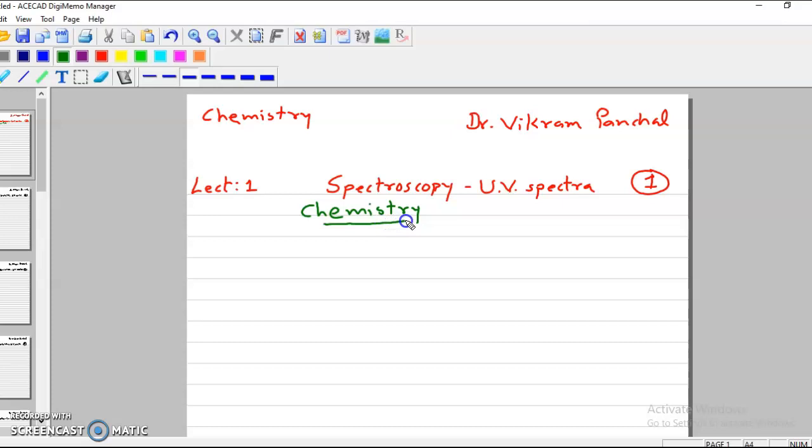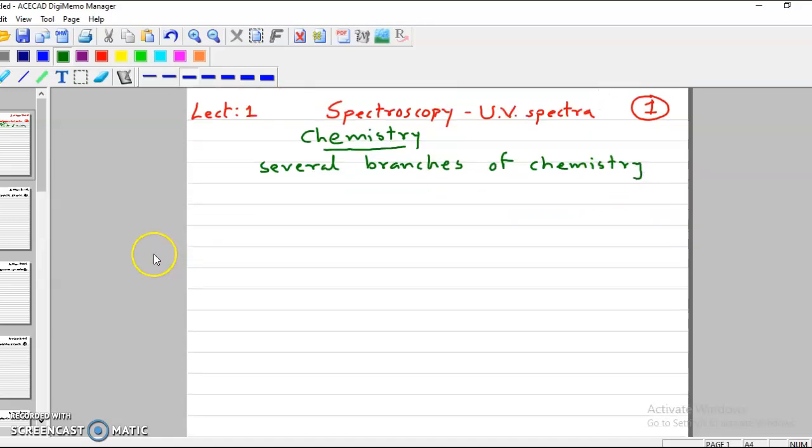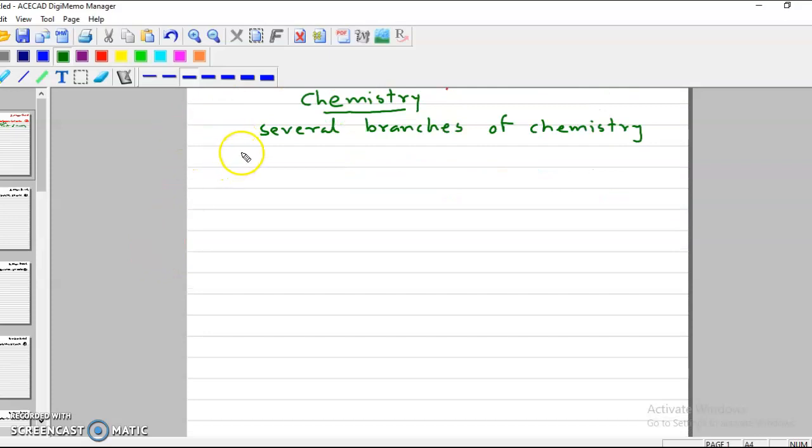If we consider chemistry the most interesting subject, then there are several branches of chemistry, and one of the important branches is organic chemistry.